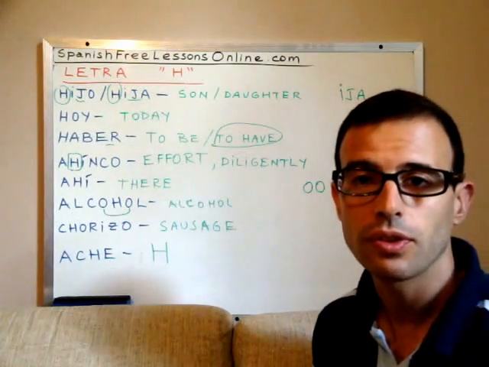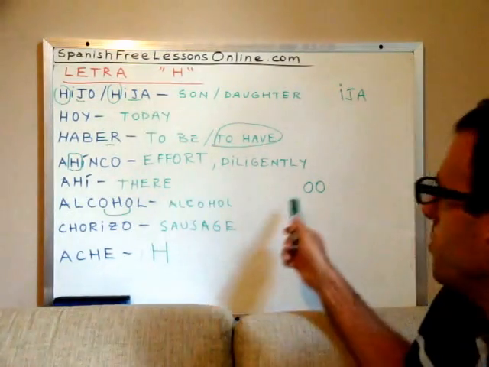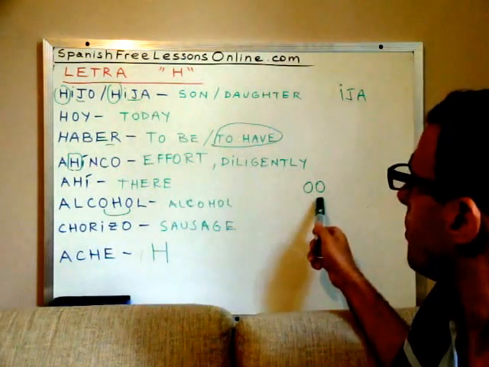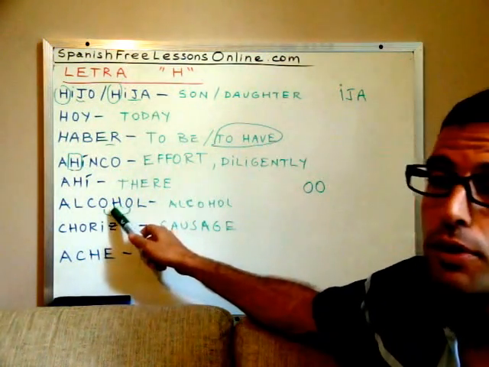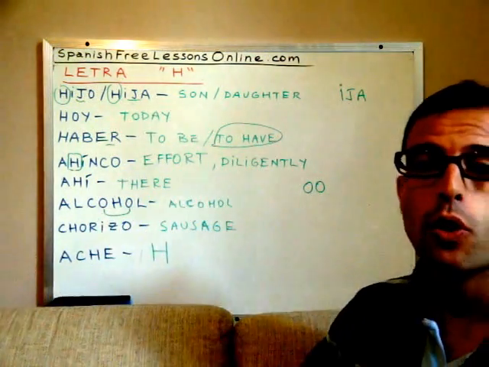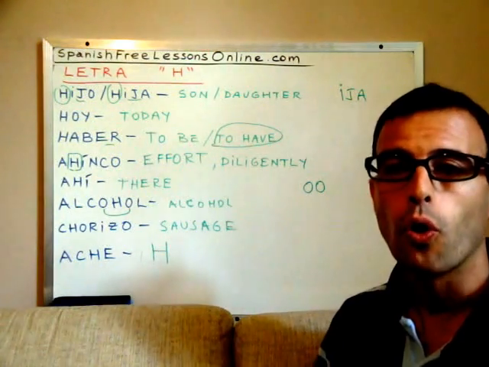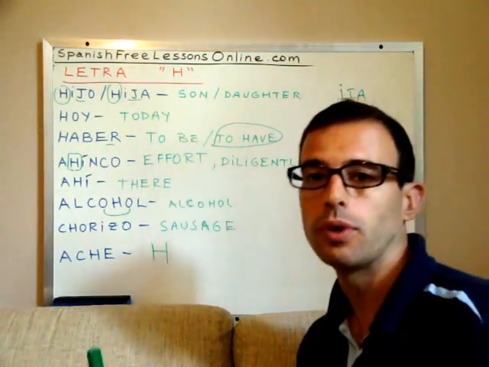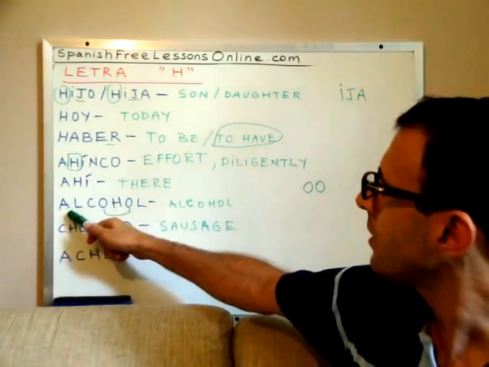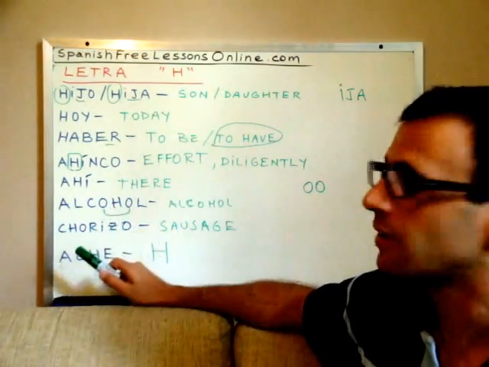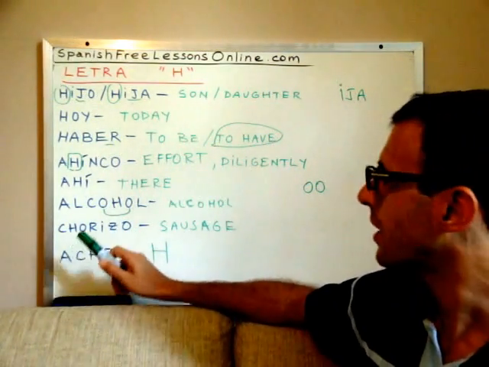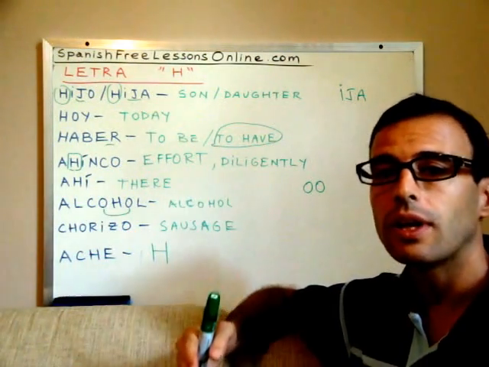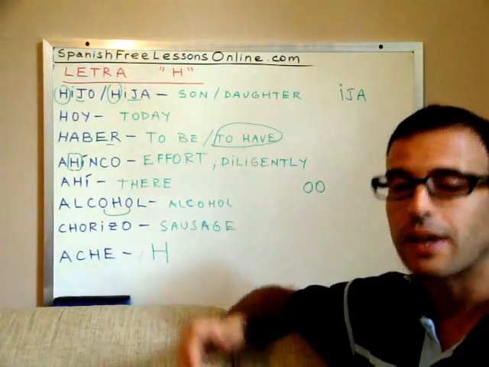It doesn't change the sound like in English. That would be U. In Spanish, this would be O. But if we put the H in between, it would be oo. Okay? As if we would say one O after the other one. So this helps us, the H here says alcohol. It helps us to show and indicate that we have to pronounce a long O or a second O after the first one.